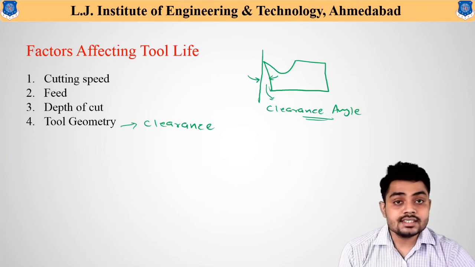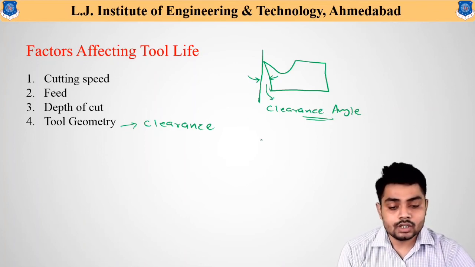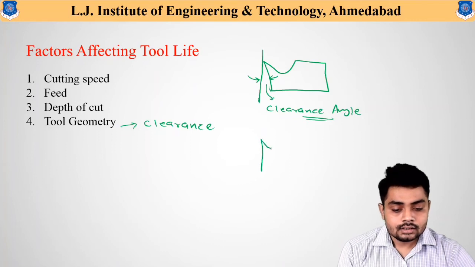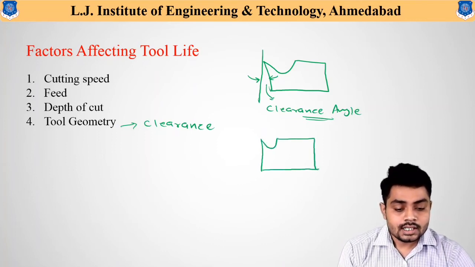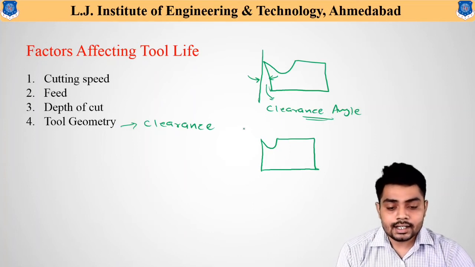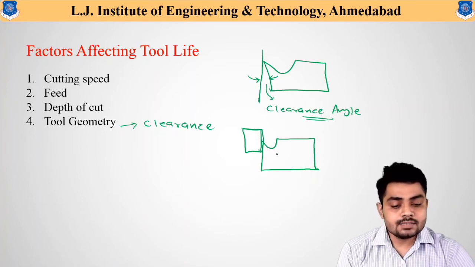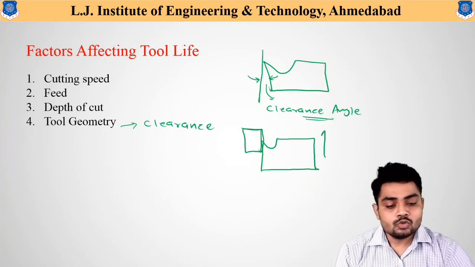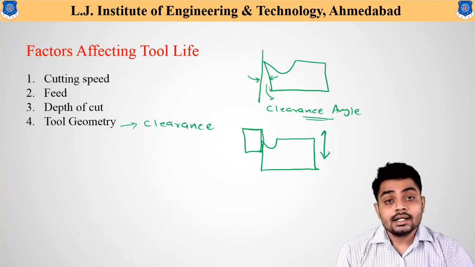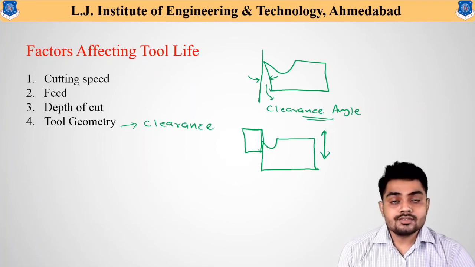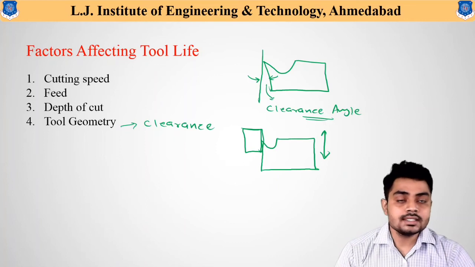Suppose this clearance angle is not provided, then what happens? The flank of the tool is vertical, and if we want to remove material from the workpiece, then this tool, moving in the vertical direction, only provides friction to the surface of the workpiece.